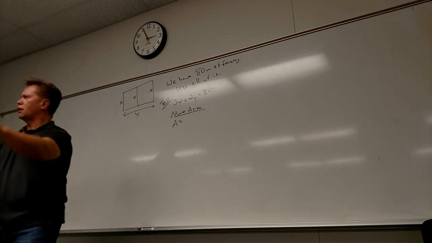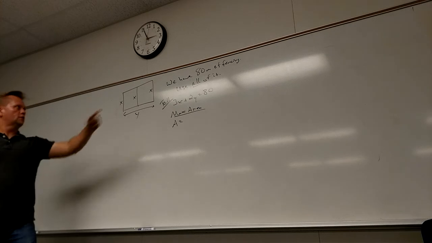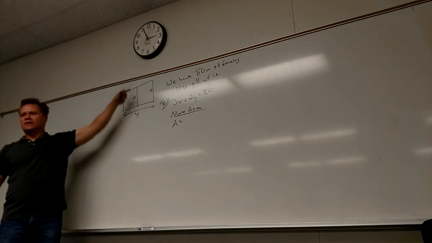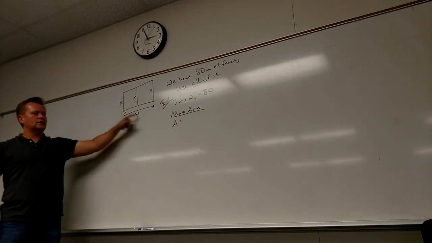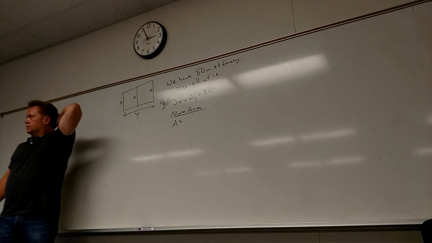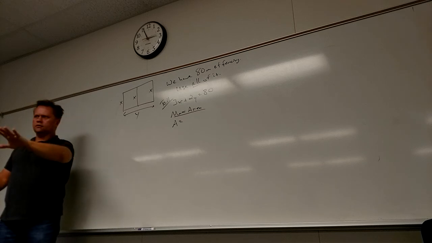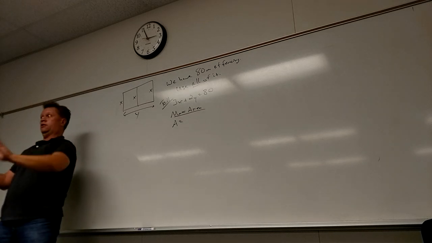How do I change what we already did? But I have to have a starting point. So yes, there is a width to this fence. Yes, the area won't be exactly x times y. But we're going to ignore that for now. We're going to deal with the ideal situation. You guys with me? Some of you are like, I didn't even think about that.